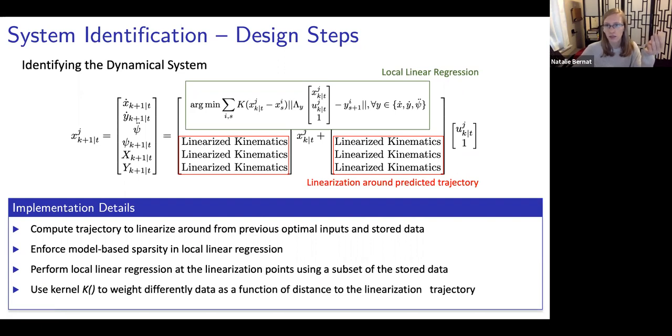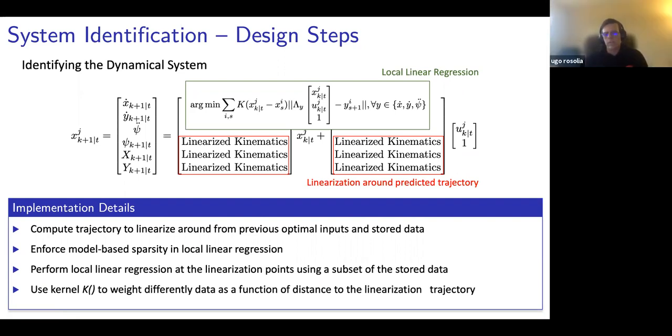Is the reason for the 3 starting trajectories so that you can produce these local linearized models? Yes, and actually, this is a great point. So what we actually noticed is that we needed more data to do system identification. So one trajectory was really not enough. This kernel function was giving us very few data points.